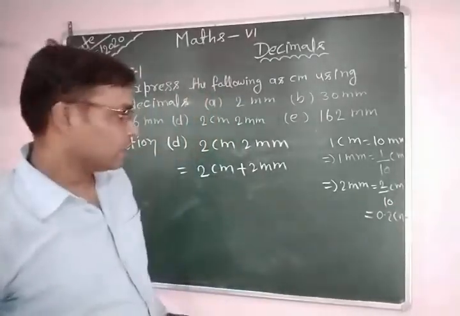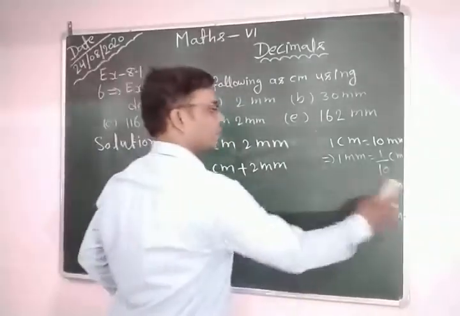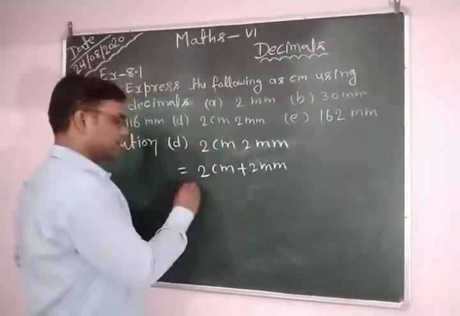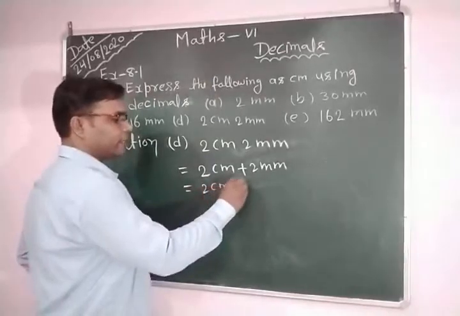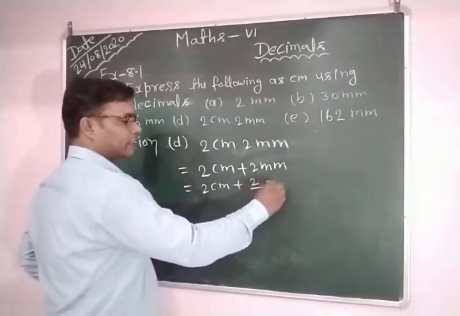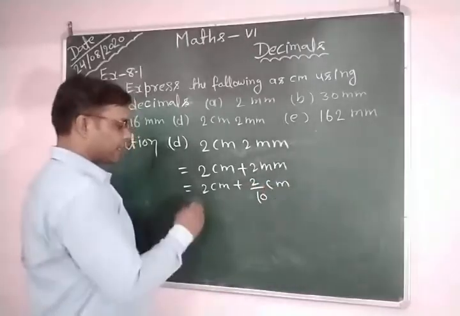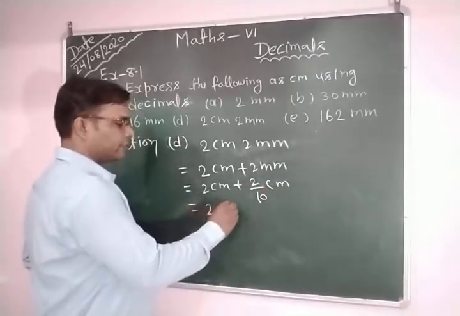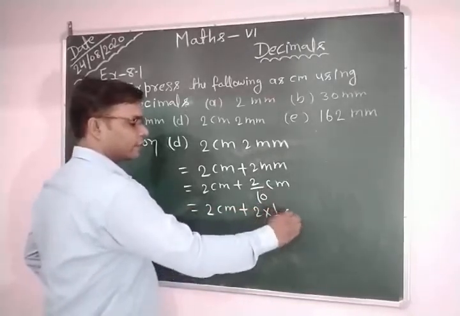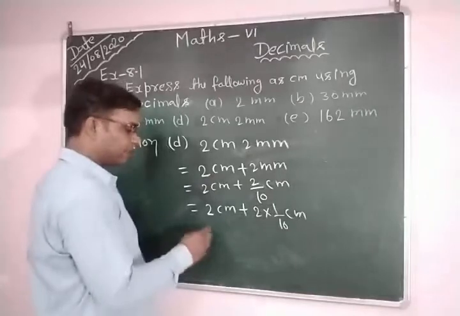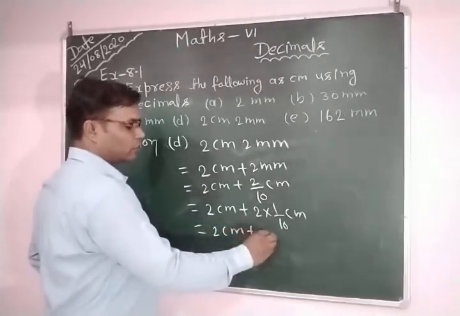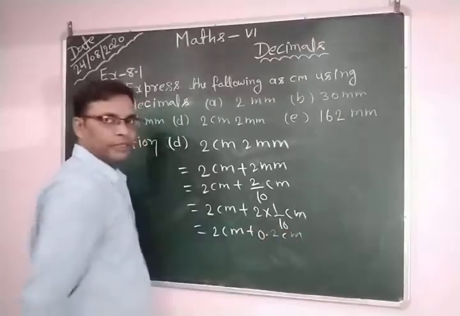So we can write this is equal to 2 centimeters plus 2 by 10 centimeters, which is 2 centimeters plus 2 into 1 by 10 centimeters. This implies 2 centimeters plus 0.2 centimeters.